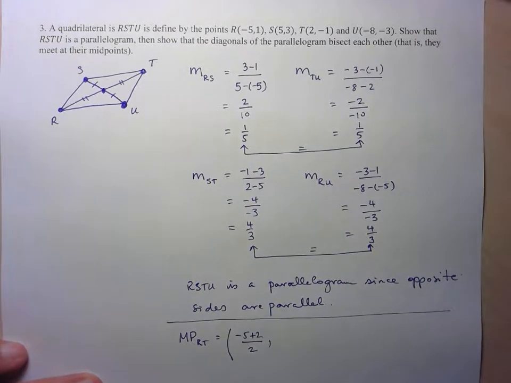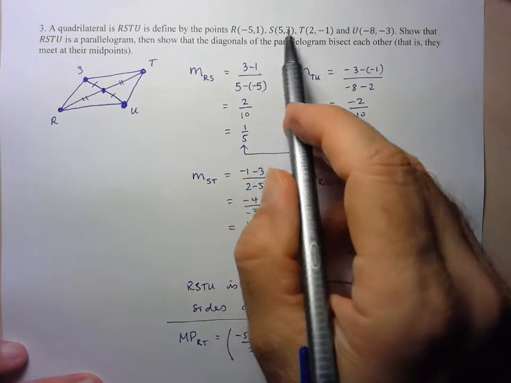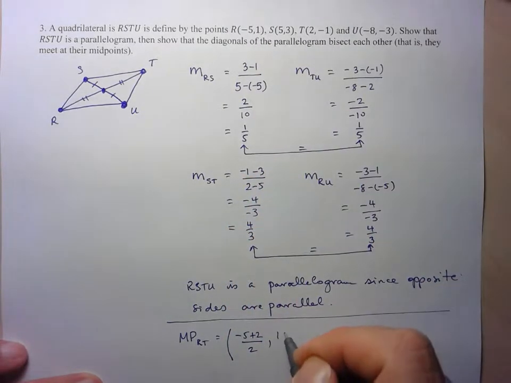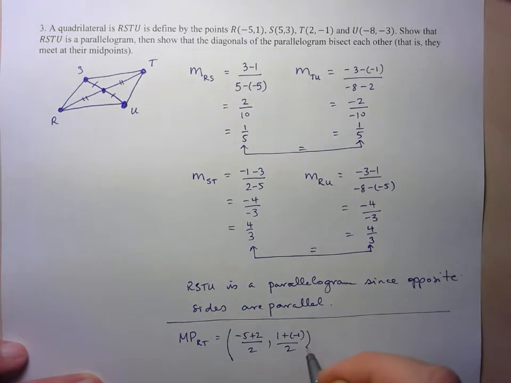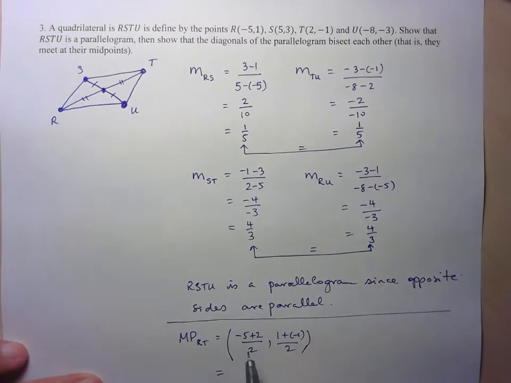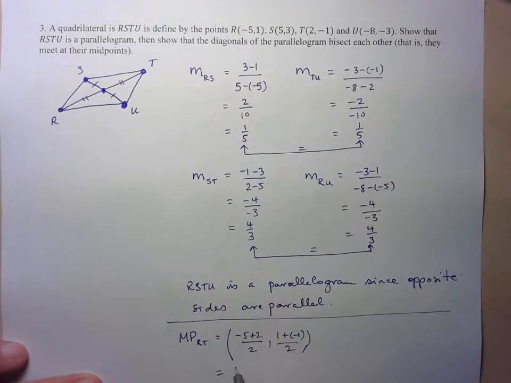And then the y values, 1 plus -1 divided by 2. We see here that we've got -5 plus 2, so -3 over 2. And this is going to be 1 minus 1, 0 over 2 is just 0.